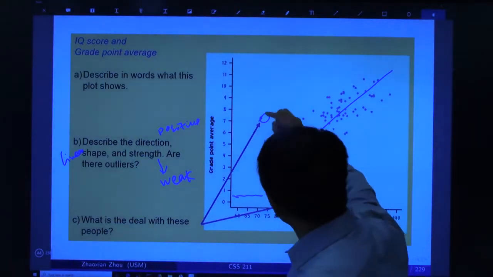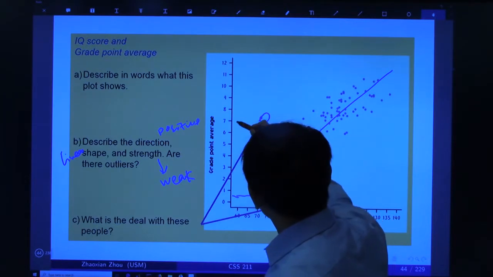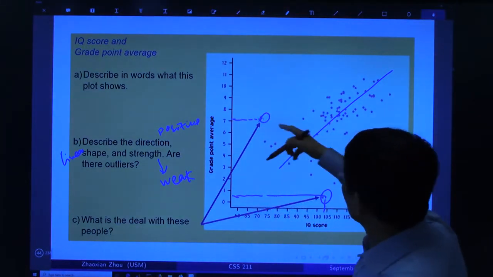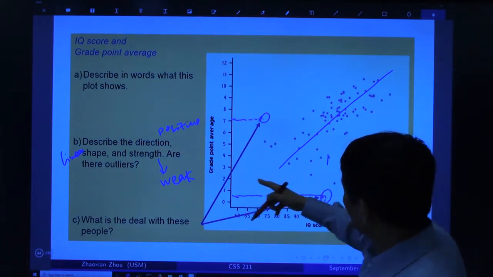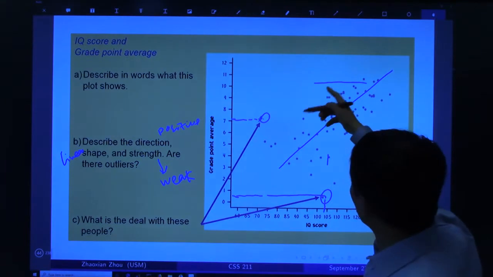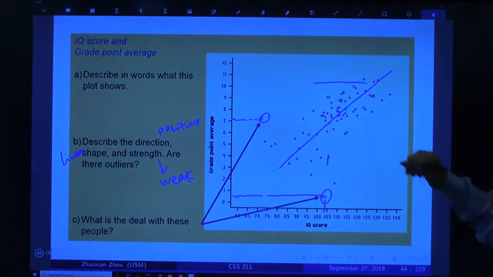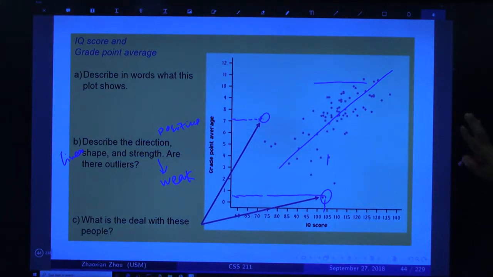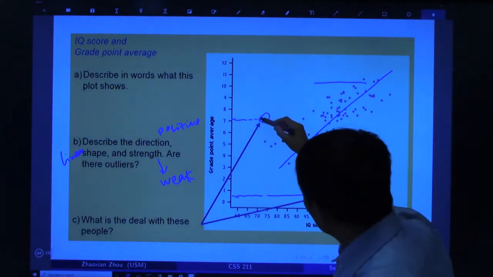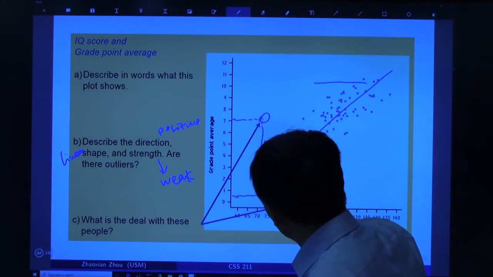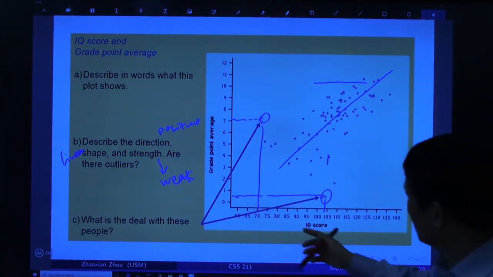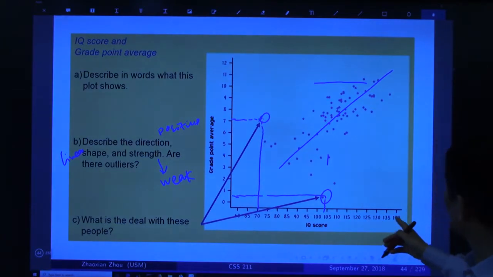How about this one? The GPA score looks like here. It's not an outlier because all the GPAs are around 2 and maybe some like 11 here, so this is right around the middle. That is okay. It's not an outlier in the GPA, but the IQ score here is a little bit more than 70, and all others are around 75 to 140 something.